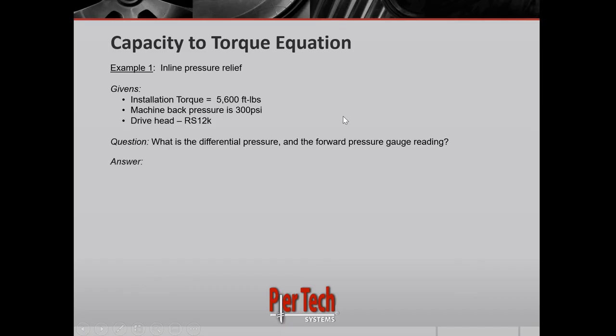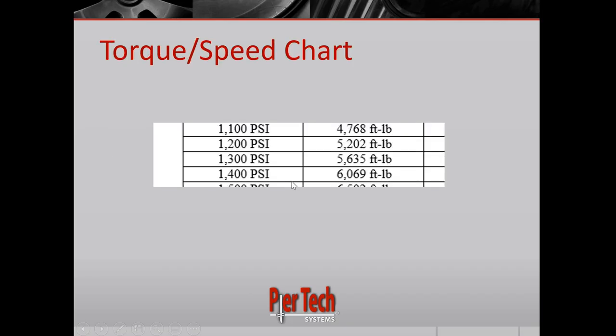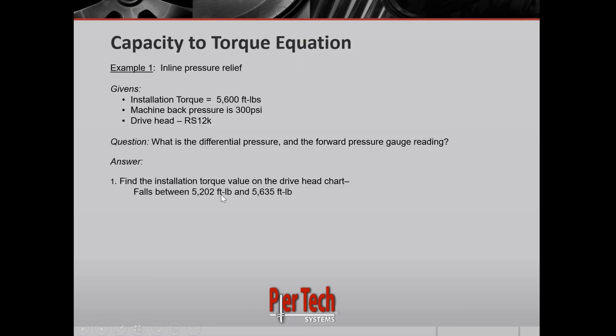This is going to have a step-by-step as well. The first step is to find the installation torque value on the drive head chart. Our installation torque value is 5,600 foot-pounds. On the torque chart, 5,600 foot-pounds falls between 5,202 and 5,635.